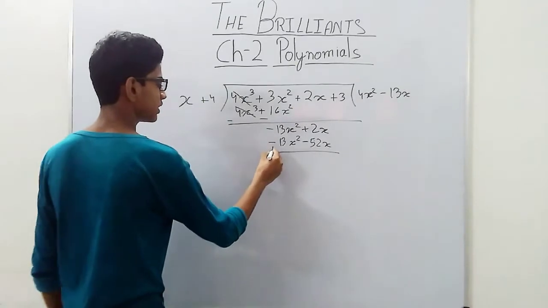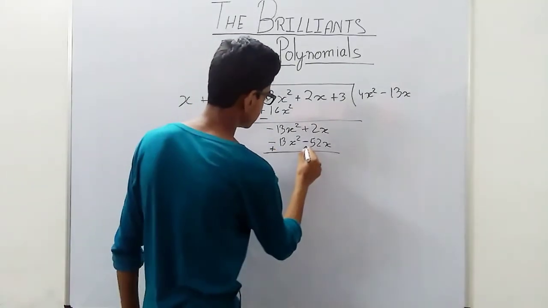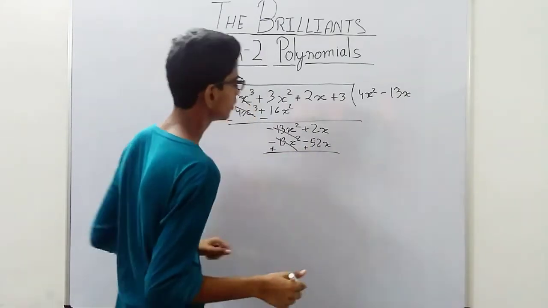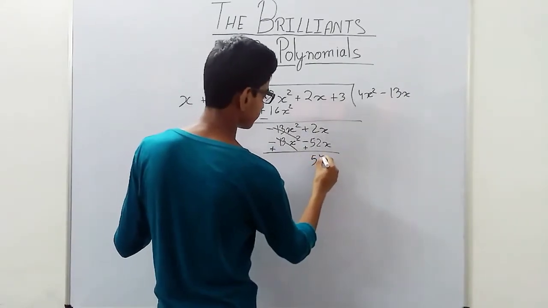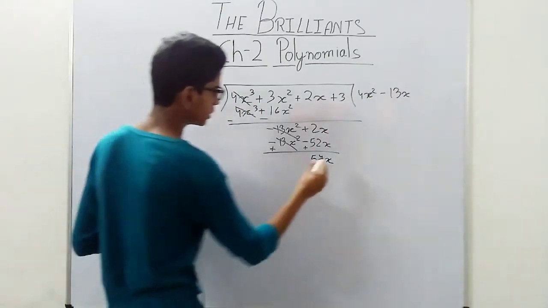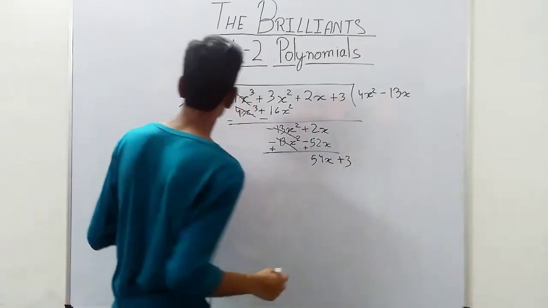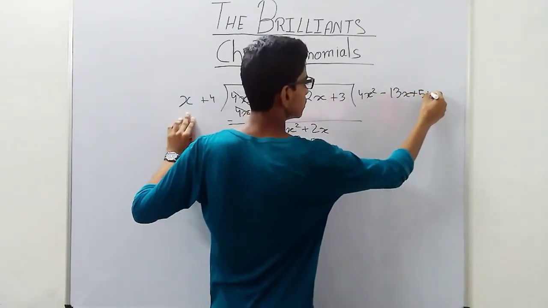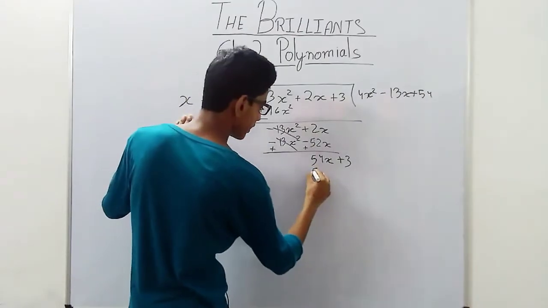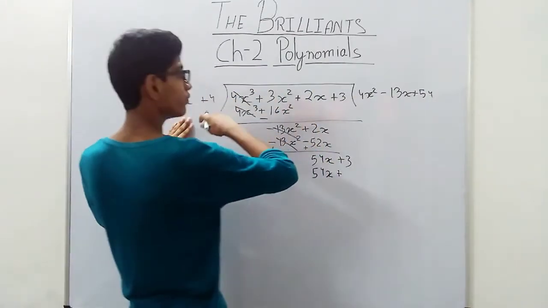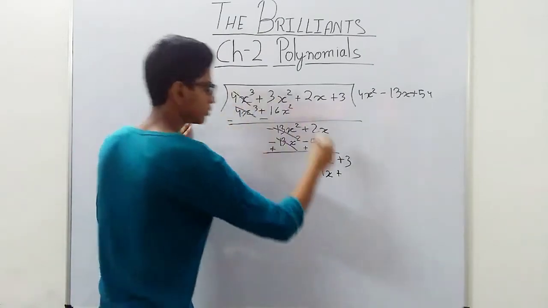Okay, change the signs. Now you can see that it cancels, and 52 plus 2 is 54x. Now plus 3. Now we take plus 54, that will be 54x plus 54 multiplied by 4, 216.